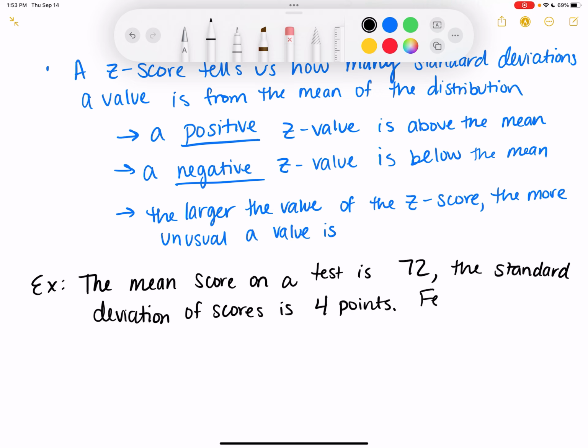Fenwick, I'm sorry, gets an 82. What is the z-score for his test?